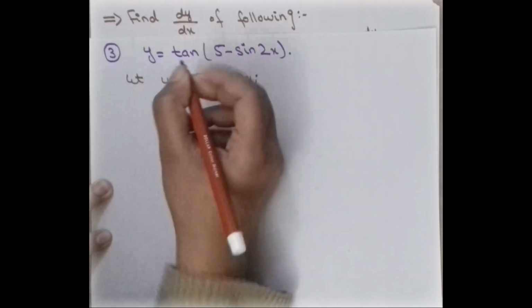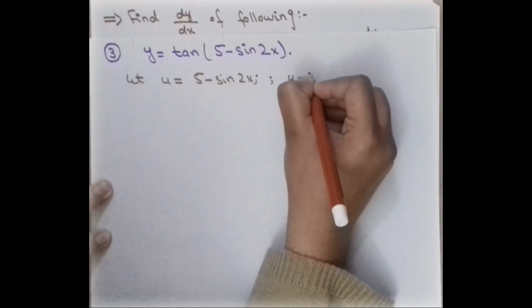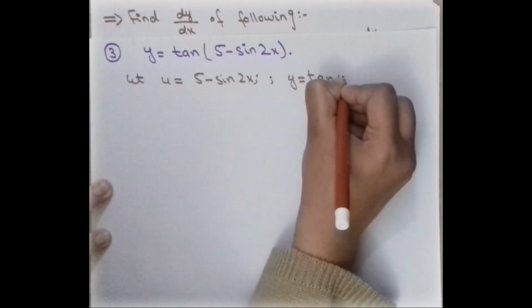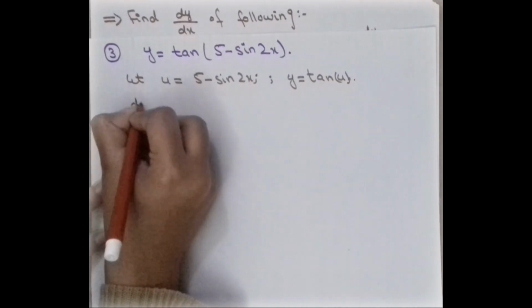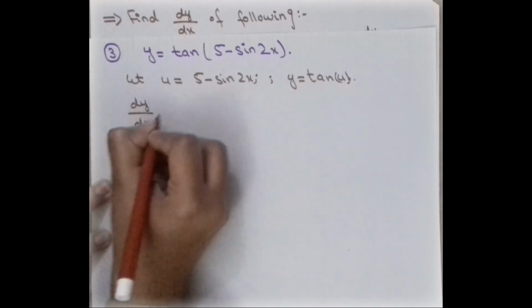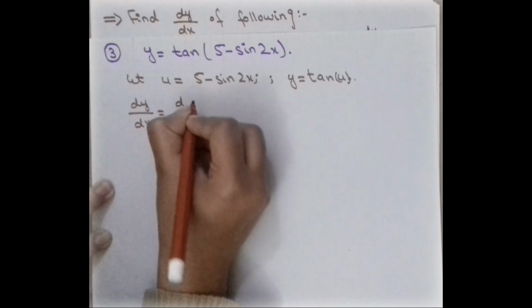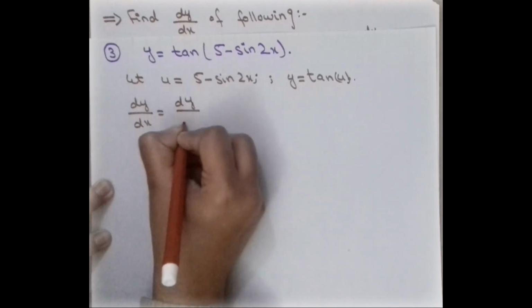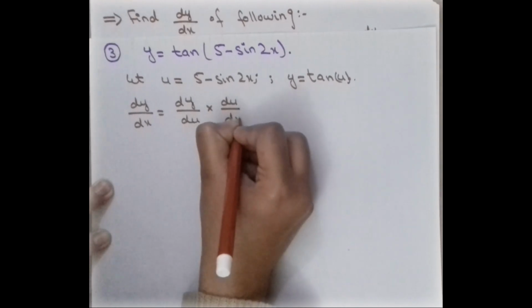After supposing this value, what we are left with is y. So y becomes tan of simply u, and we have to calculate dy over dx. If we involve this variable, our formula by the chain rule says dy over du multiplied by du over dx.